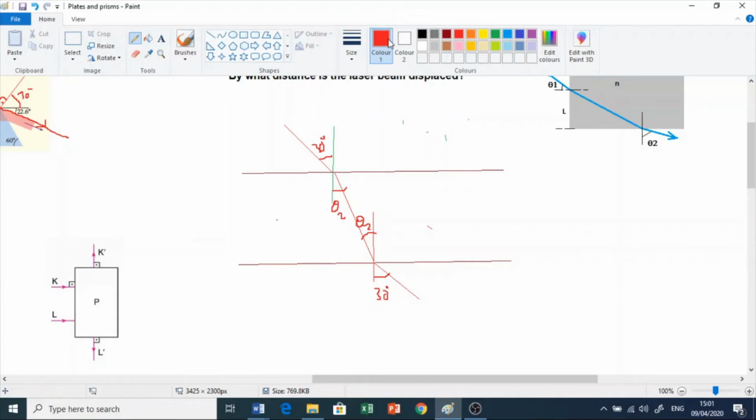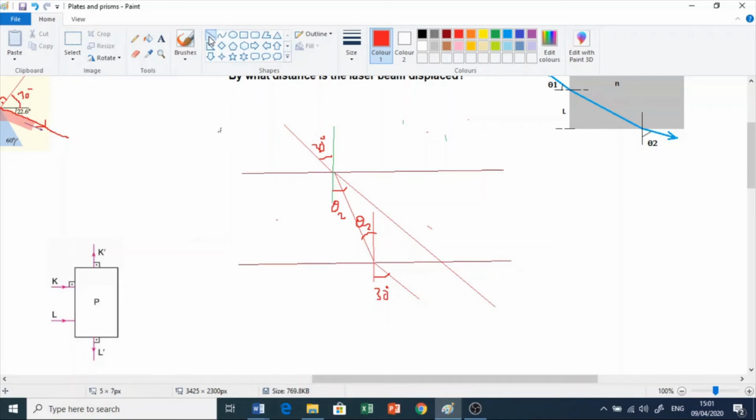Now we are going to calculate the amount of deflection. Originally, the light ray was moving toward that direction. Okay, so this is the amount of deflection. How much is the light deflected?